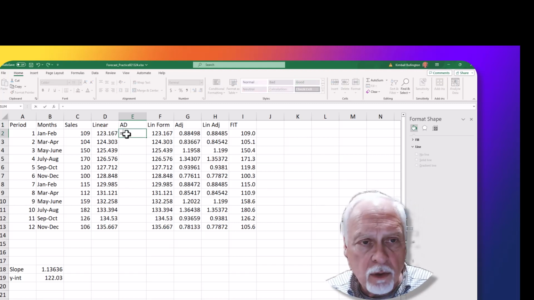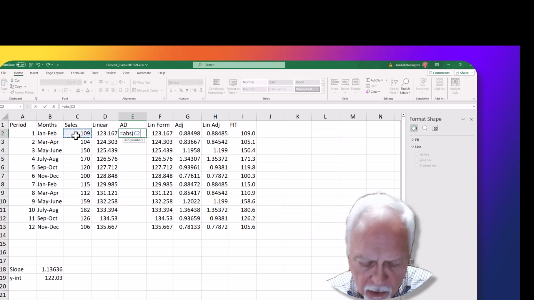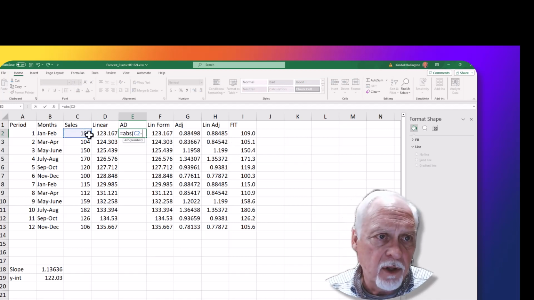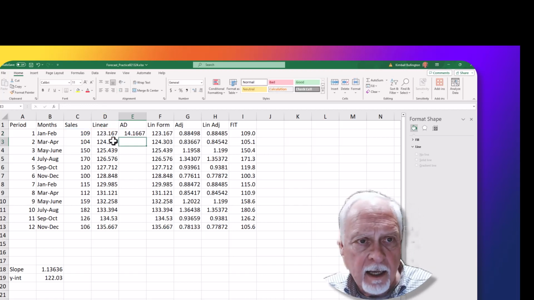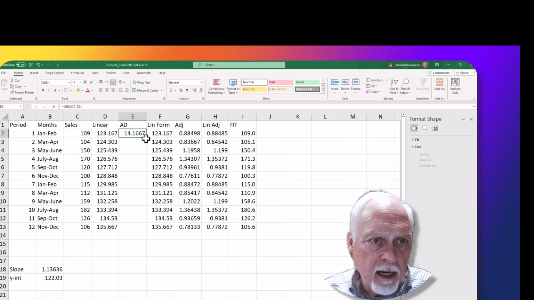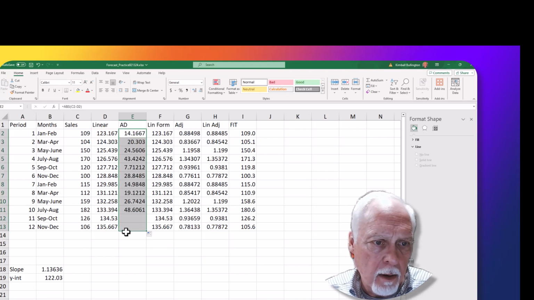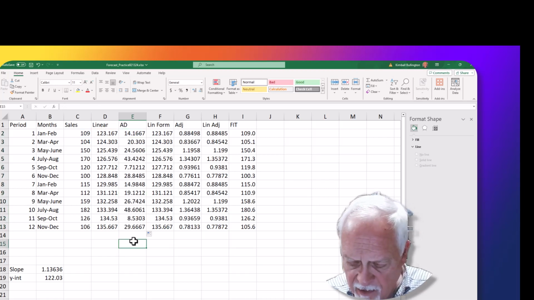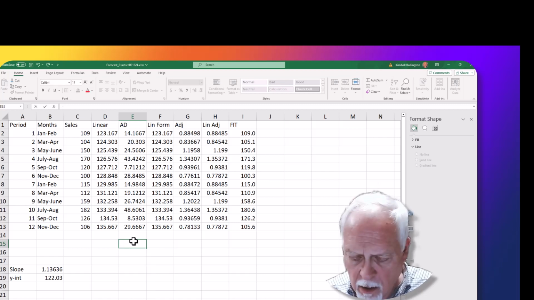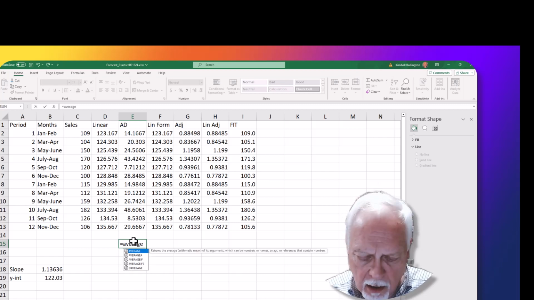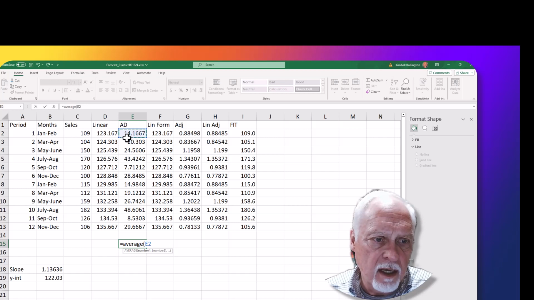That's equals ABS of sales minus the linear forecast. Enter. I'll copy that down. And then our mean absolute deviation is the average of all of this.